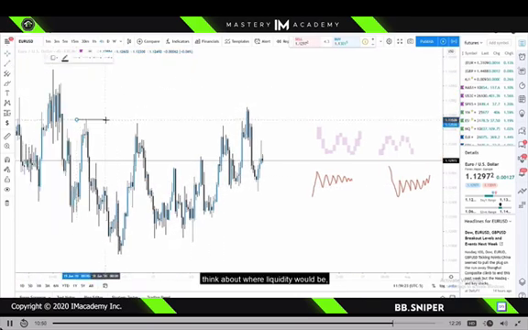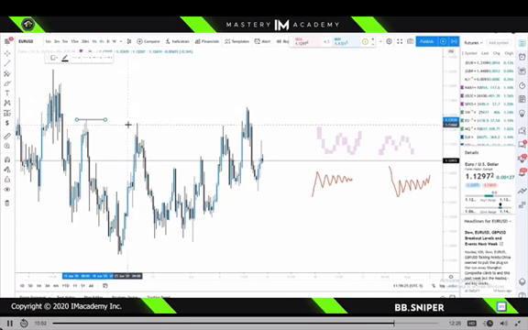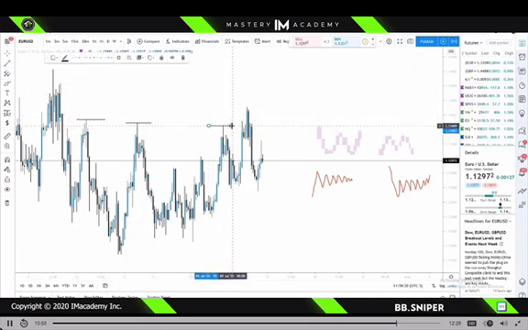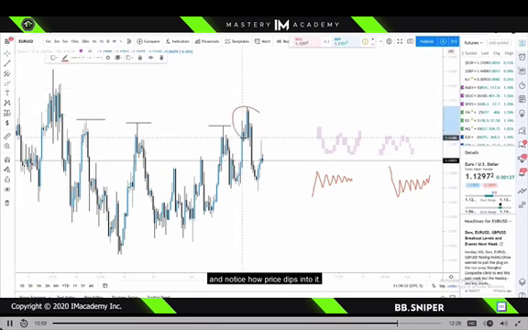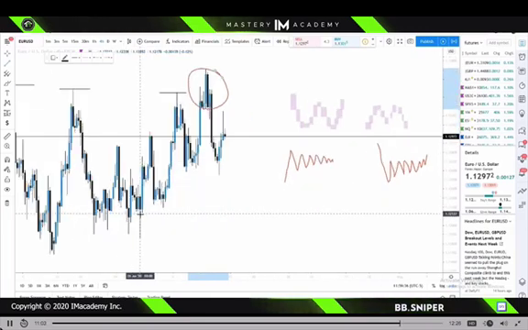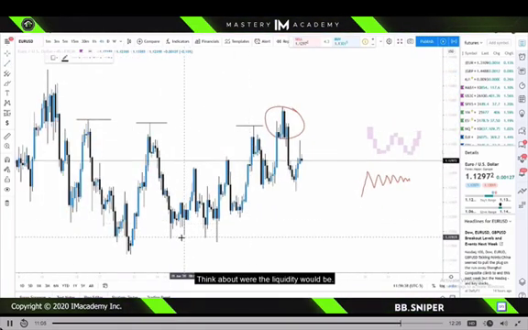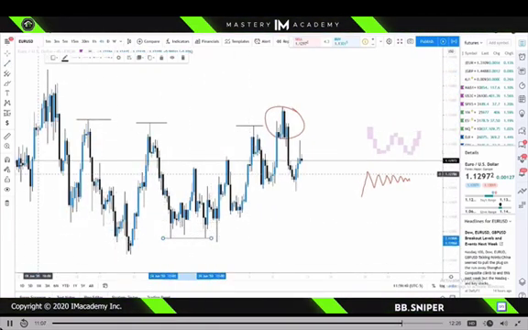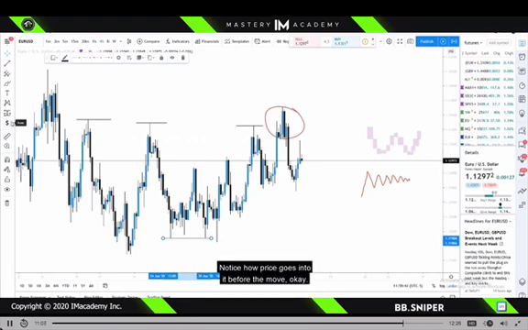Okay, and so a couple examples just on this pair alone. Think about where liquidity would be. And notice how price dips into it. Think about where liquidity would be. And notice how price goes into it before the move.